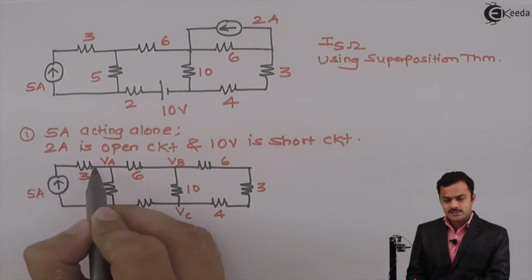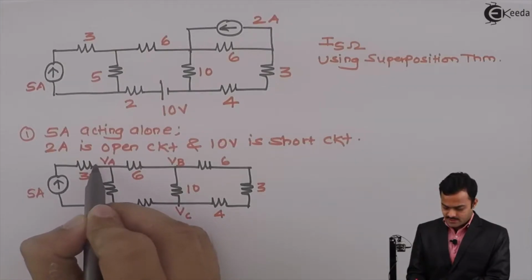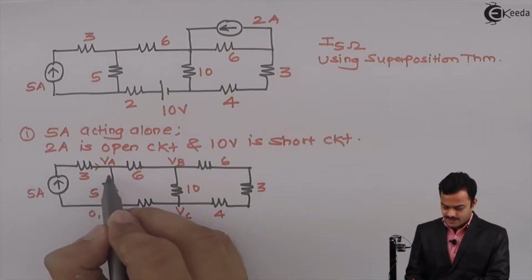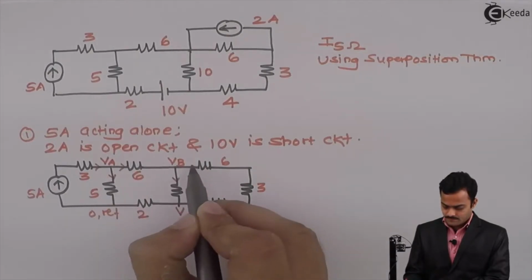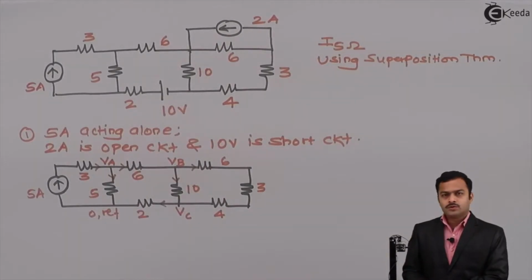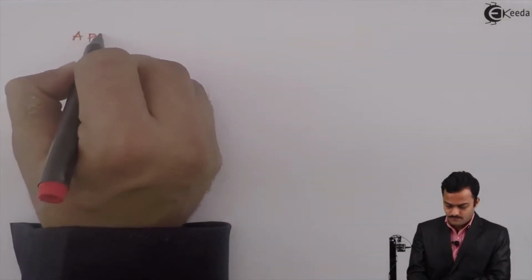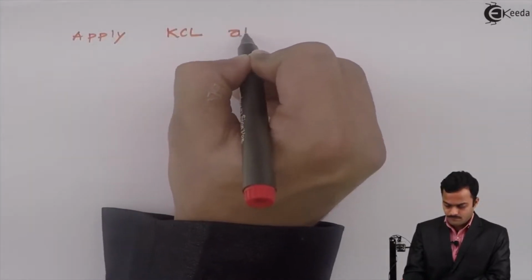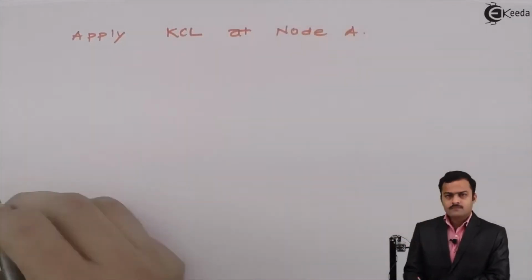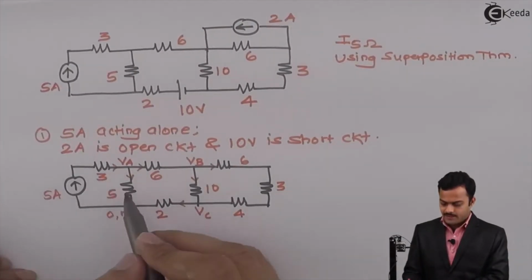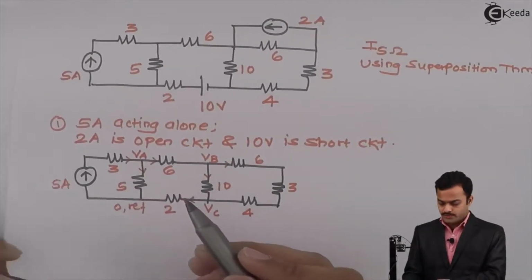Because a current source is given, its current direction is fixed. For the rest of the branches, I am selecting random directions. So let's apply KCL now at node A. At node A, one current is incoming and the remaining two currents are outgoing.